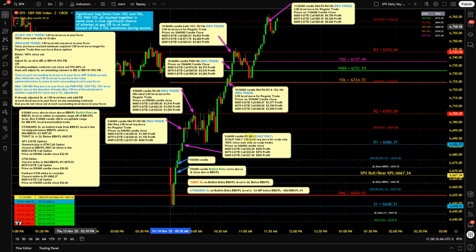9:44 a.m. candle, the R1 hit, scalp only. Again, we're looking for a one level move in our favor for a scalp. This is the level we're taking the trade from. One full main level above is the R1. Hits the R1 here, the 9:44 a.m. 2-minute candle.